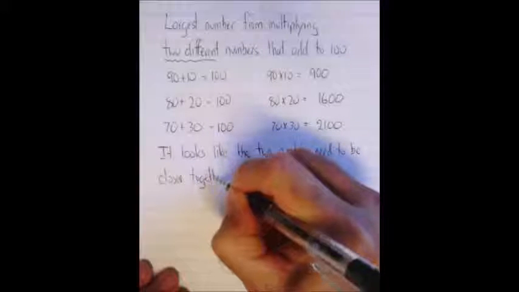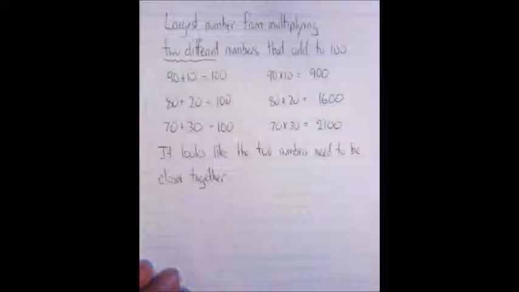So I could predict maybe that I should choose 51 and 49. And so already I've got some insight into how I might go about tackling the larger problem.